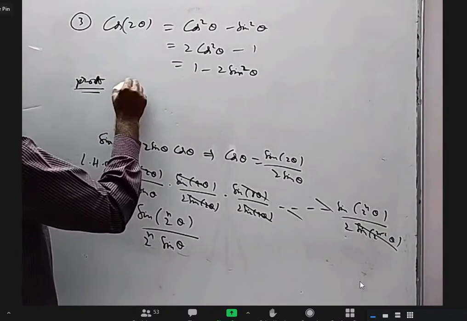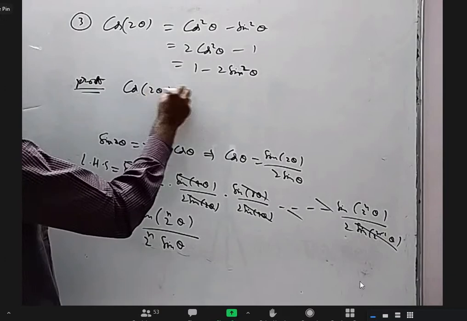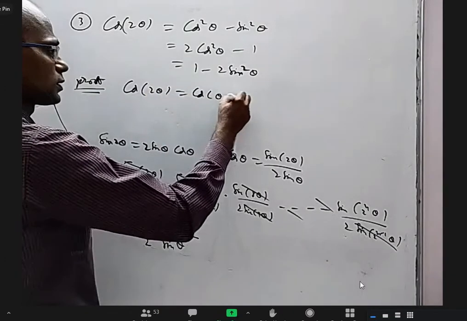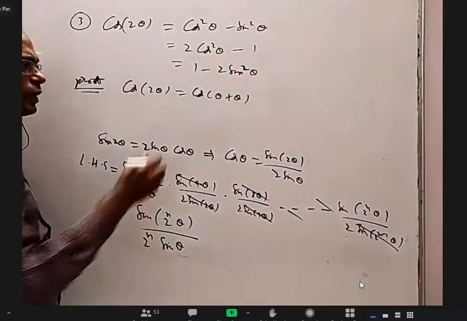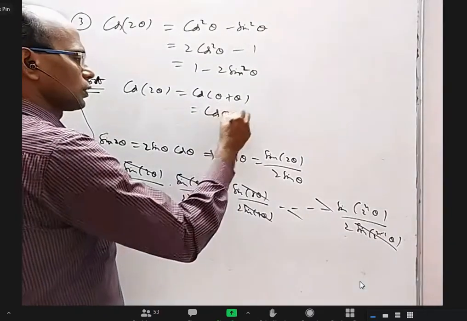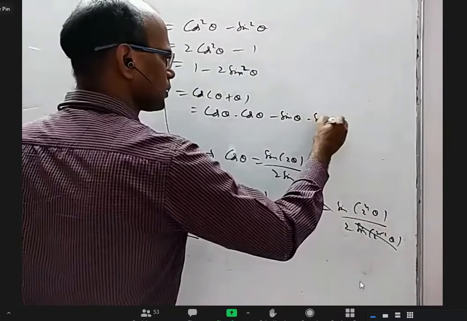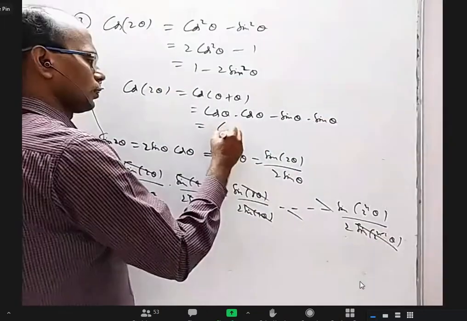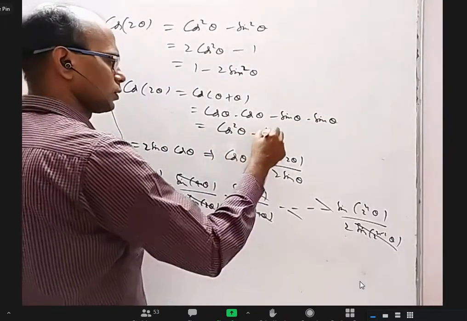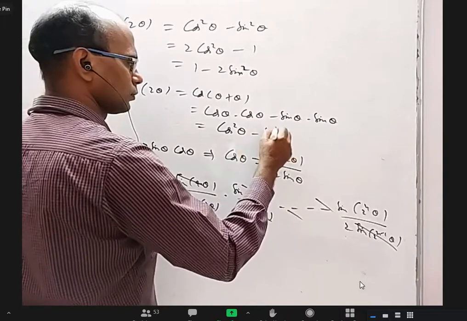Okay, now similarly take cos a plus b. Cos 2 theta you can write as cos of theta plus theta. Cos a plus b is cos a cos b minus sin a sin b. You will get cos theta into cos theta minus sin theta into sin theta, which is cos square theta minus sin square theta.